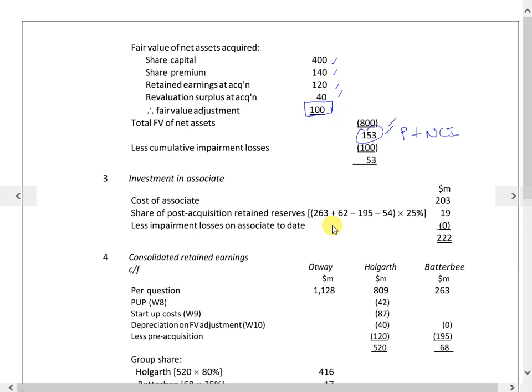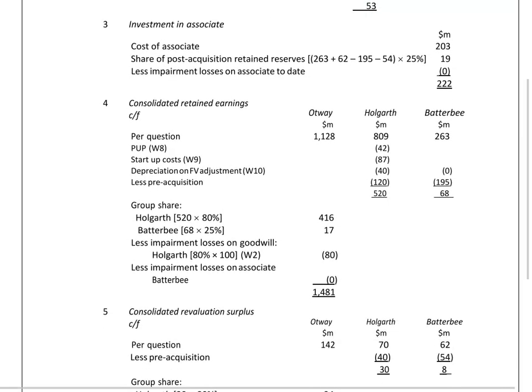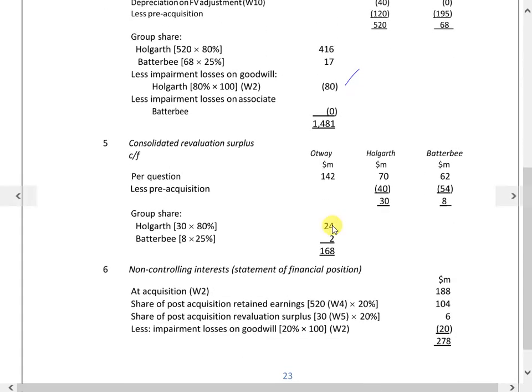Meaning the impairment of $100 here must be shared between the parent and NCI. I own how many percent? Sorry, 80%. So 80% will be charged to parent, 20% will be charged to NCI. You see here, parent and NCI, 80 and 20. Here, consolidated retained earnings, 80 will go to the parent, 20 will go to NCI.